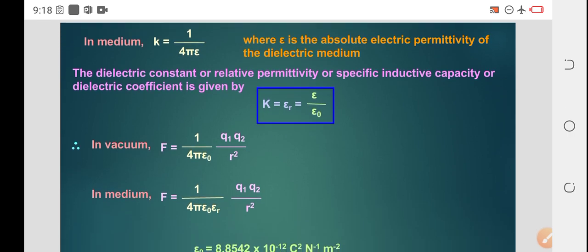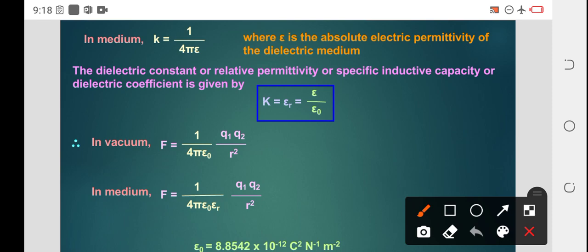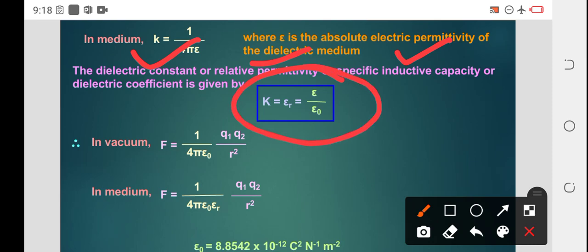Before that, we want to know what the dielectric constant is. The dielectric constant, or relative permittivity, or specific inductive capacity, or dielectric coefficient, is given as k equal to epsilon r, and epsilon r equals epsilon by epsilon naught.